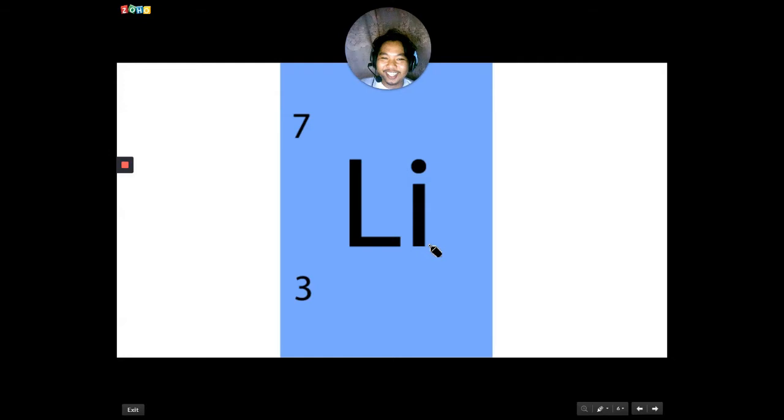Very good. Galing-galing naman. Ang galing ni baby. We have 3 protons because that's the atomic number or the identity. So, lithium atom will always have 3 protons and the atomic number is 3.